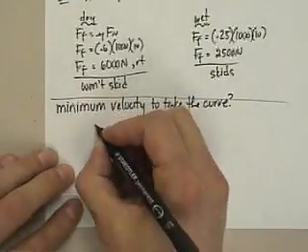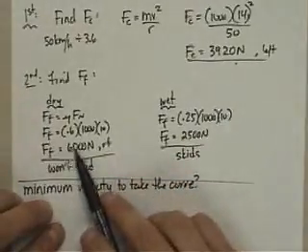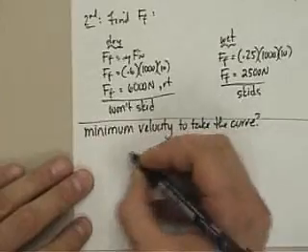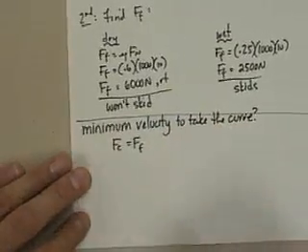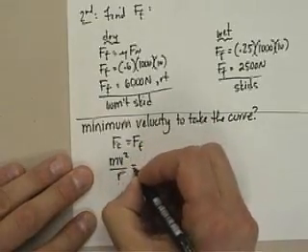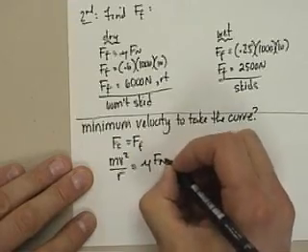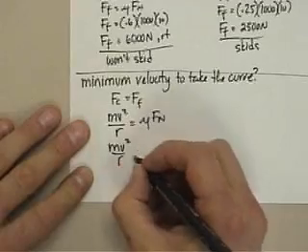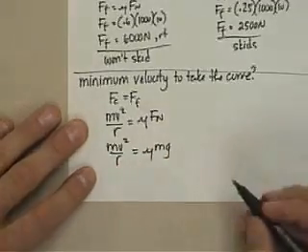To do that, you want this 3,920 to equal your force of friction. So really you want FC to equal FF. So let's actually write that out. FC equals FF. Now FC is mv squared over r. FF is mu Fn. So that's mv squared over r equals mu mass times gravity.